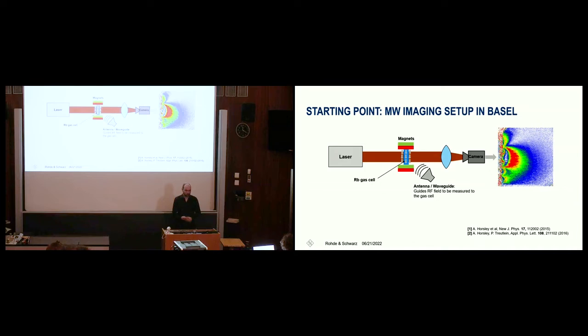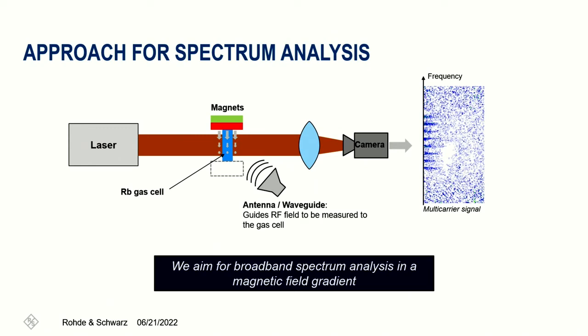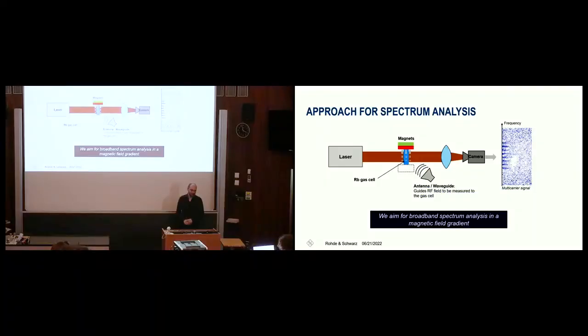But when we first approached Philipp Treutlein's group in Basel, we suggested to do the following scheme for spectrum analysis. And I remember this meeting well. I think we made Philipp very happy when we told him this concept because this is essentially the already existing setup in Basel, but we just have to remove one of the magnets in their setup.